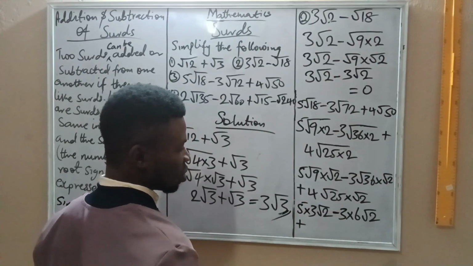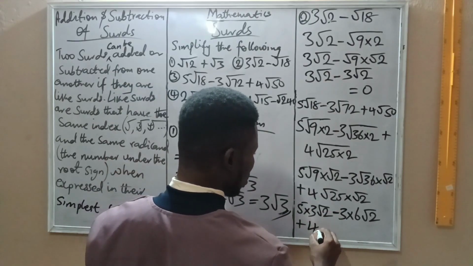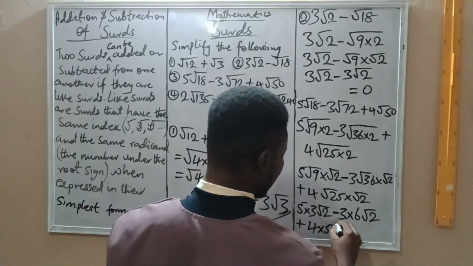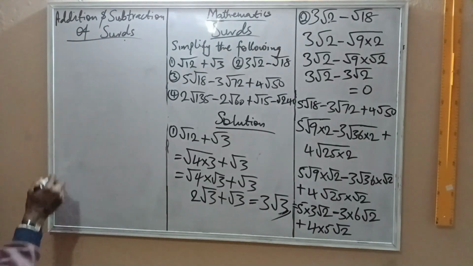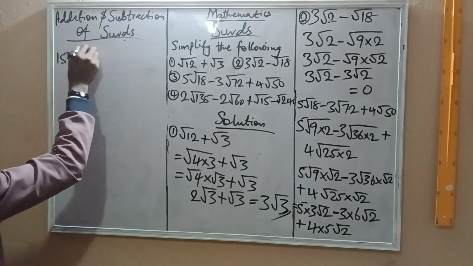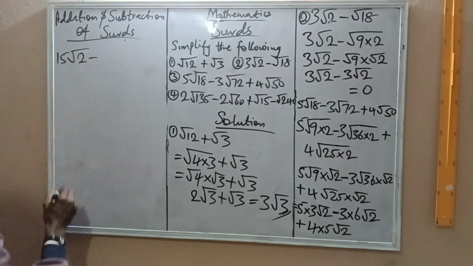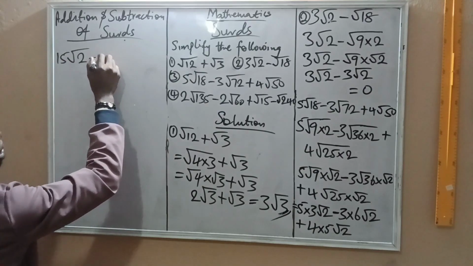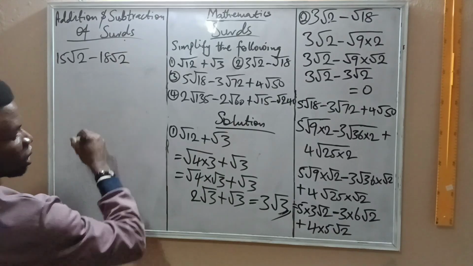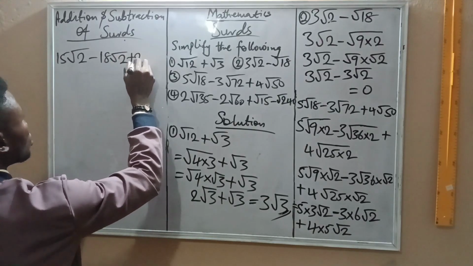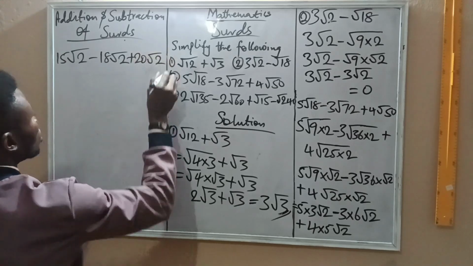The square root of 25 is 5, so we have 4 times 5 √2. So from there we have 5 times 3 is 15√2, minus 3 times 6 is 18√2, 4 times 5 is 20, plus 20√2.